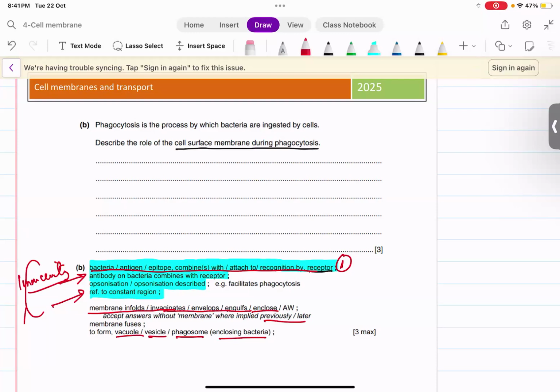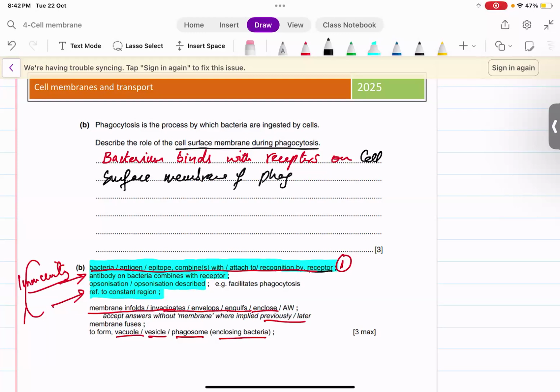So simply, if we write an answer to this: the bacterium binds with receptors on the cell surface membrane of phagocytes.